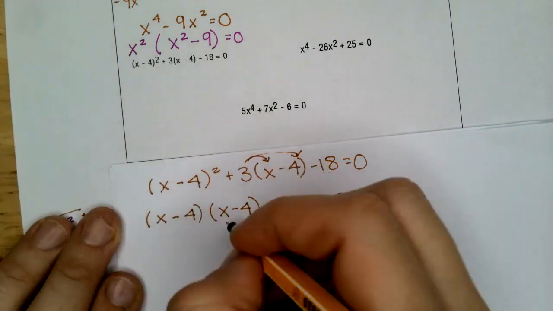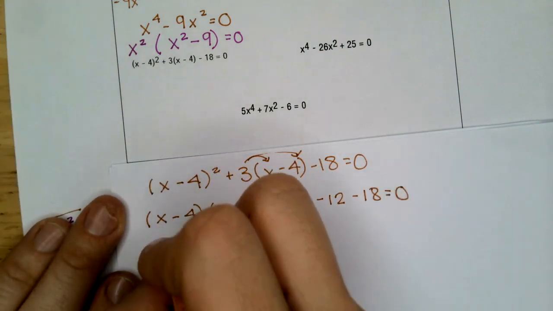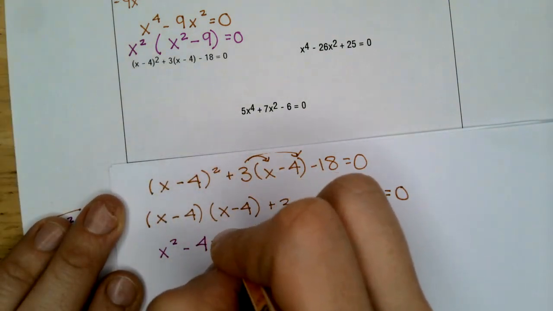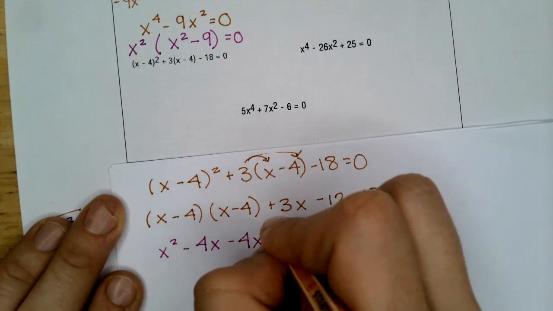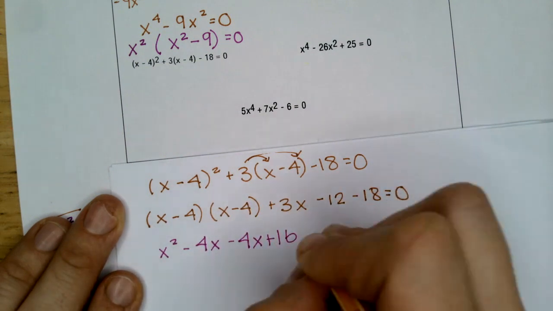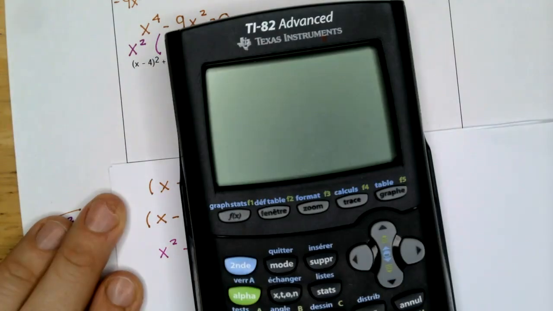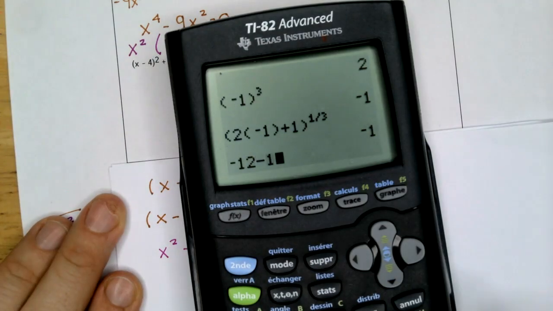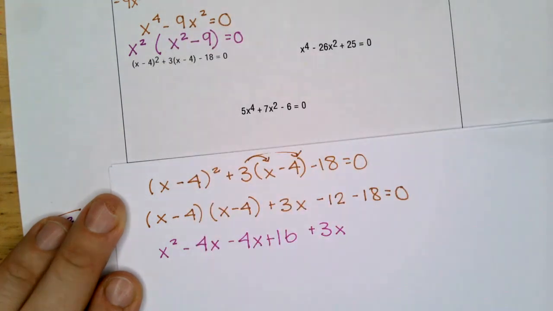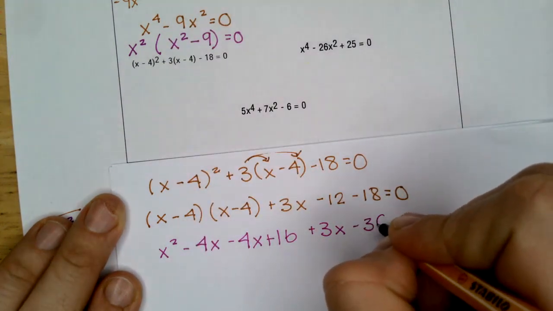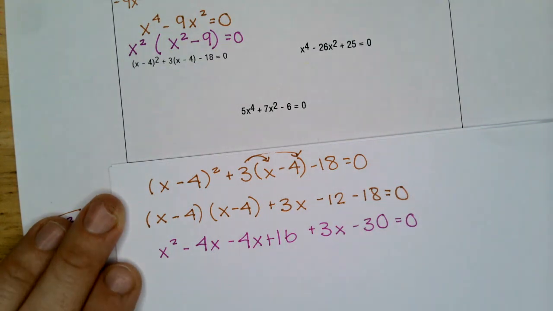Here, x minus 4 times x minus 4 becomes x squared minus 4x minus 4x plus 16 plus 3x, and then negative 12 minus 18, what is that? Negative 30, right? Equals 0.